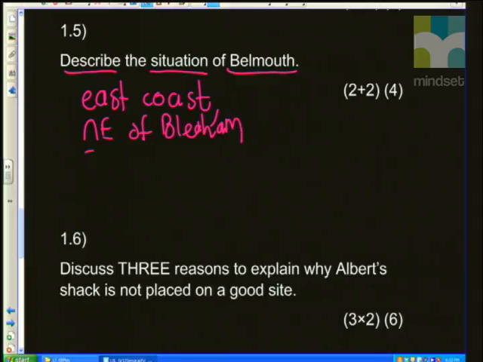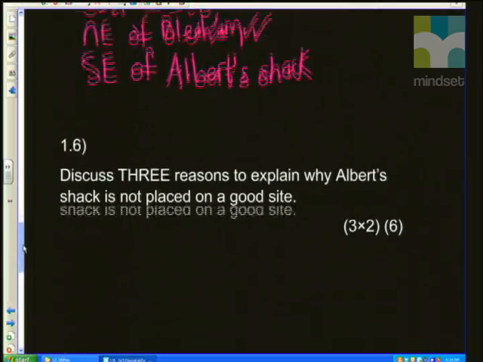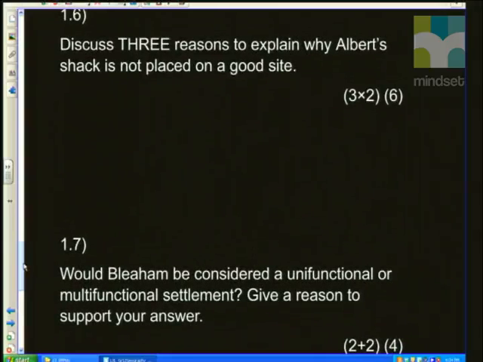And it was to the southeast of Albert's Shack. Right, but we only needed 2 there. So there's your 2 marks there and 2 marks there. Very simple, very nice. Right, now we're going to deal with Albert's Shack.